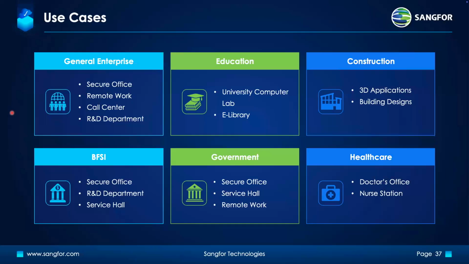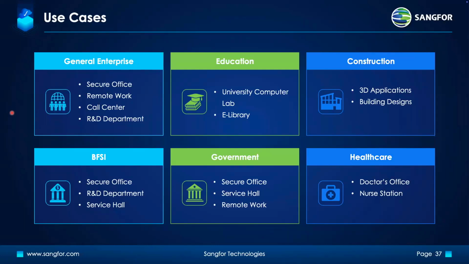So, moving forward to banking and finance. Banks and financial institutions need high security for their customer data. Sangfor VDI ensures safe and controlled office environments so employees can work securely, centralized IT management, making it easy to control access to financial data, and fast service hall operations, allowing employees to serve customers without delays.